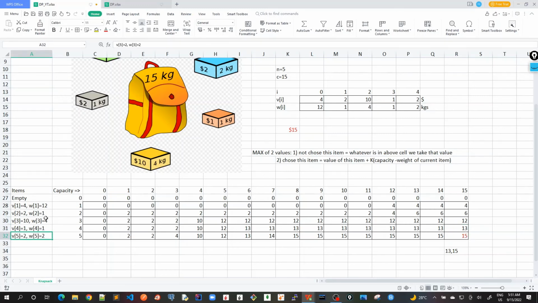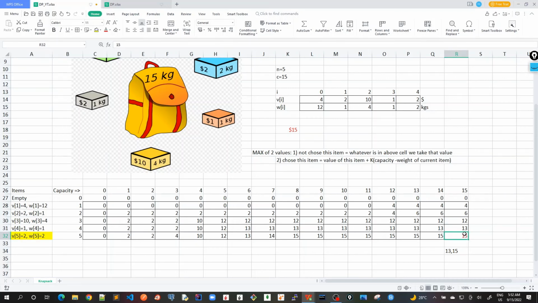So let's see that in this example, and if we choose this item, it means that it has been included. So 15 is not same as 13, so it means that this item was chosen. So I will mark it here.